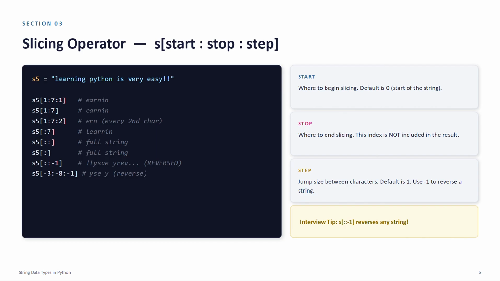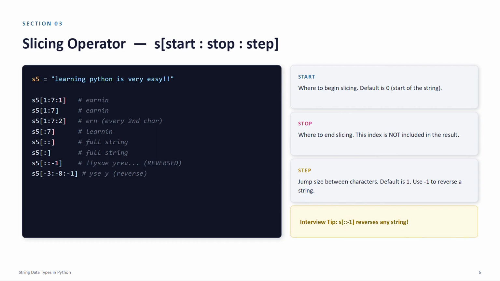It will strike the exclamation mark. Then it will move toward the stop of -8 and the step is -1. So the character is Y, then E, then space, and Y should be present because space is calculated as a separate character and it has its own index. So I hope you understand how we can use the slicing operator.